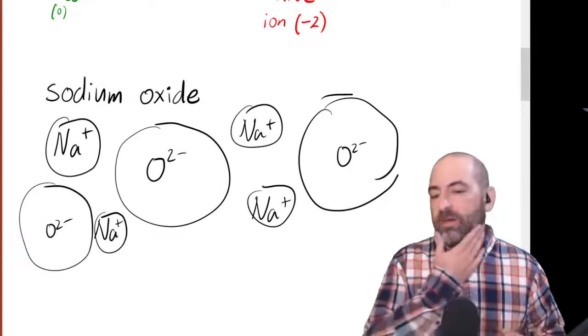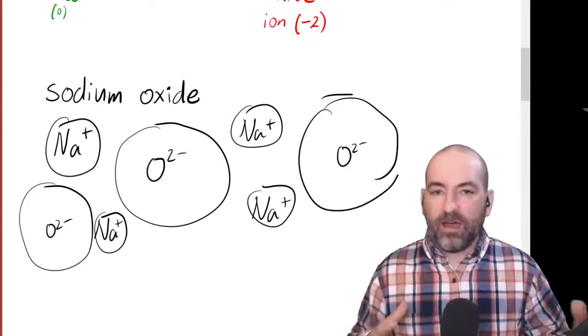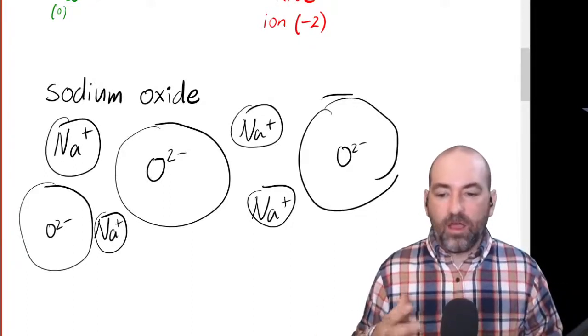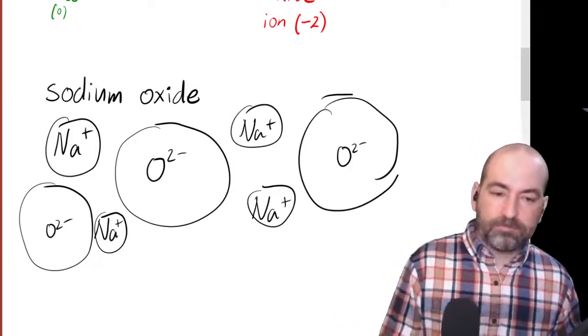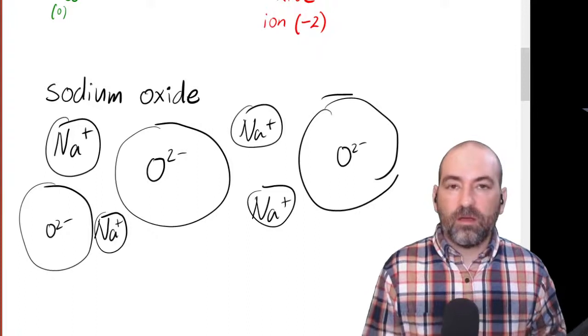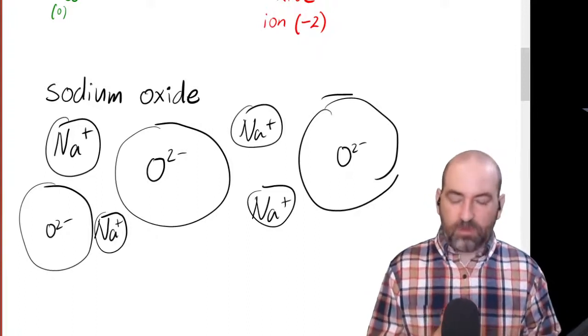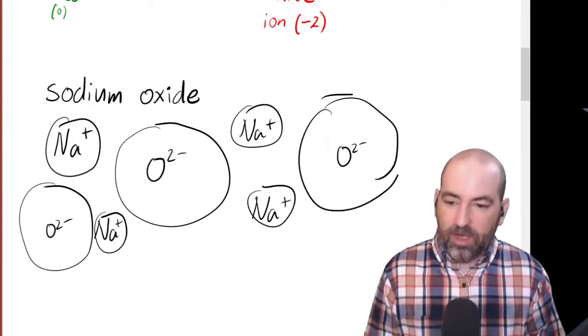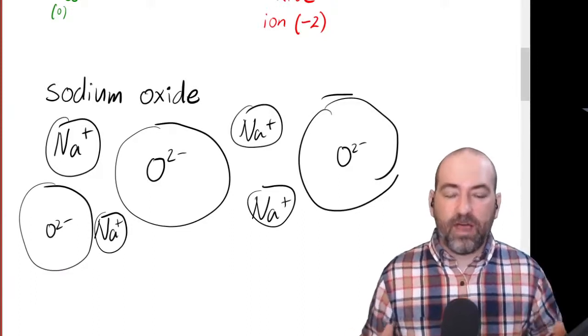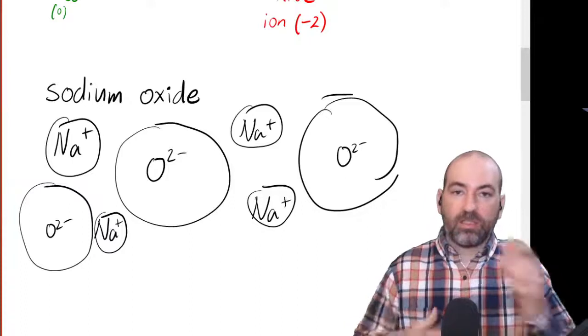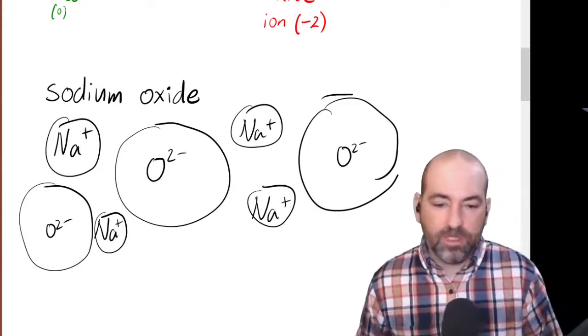So that's what an ionic compound might look like, just positive and negative ions interspersed, interacting together. When a compound like sodium oxide is dissolved in, let's say, water, although I don't think sodium oxide is soluble in water, but something comparable dissolved in water, the positive and the negative ions split apart and get surrounded by water molecules in solution.